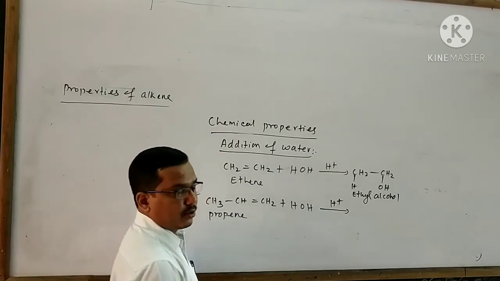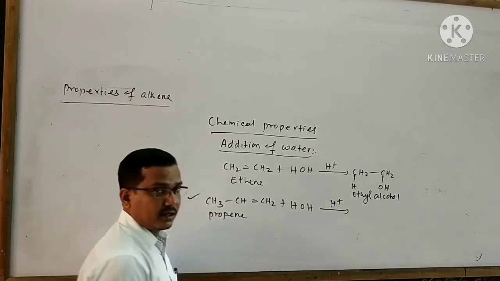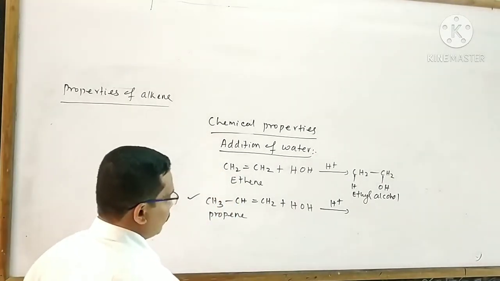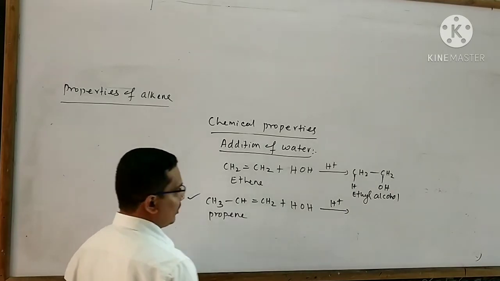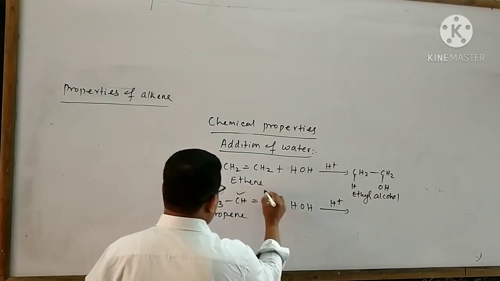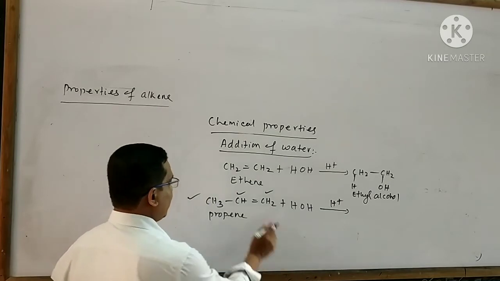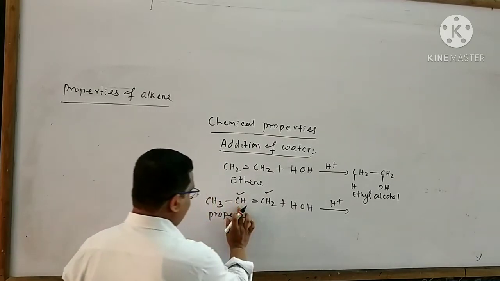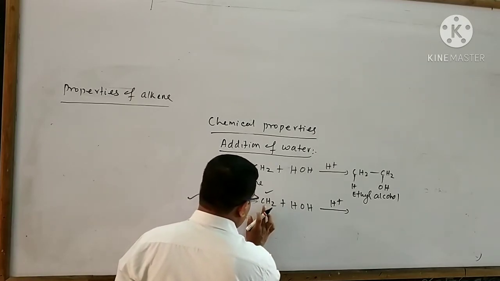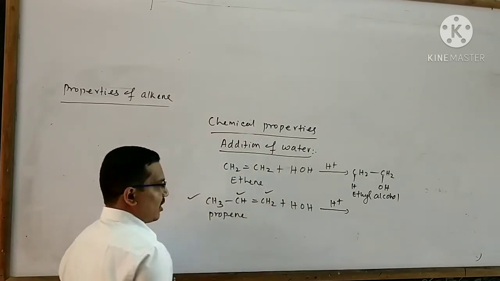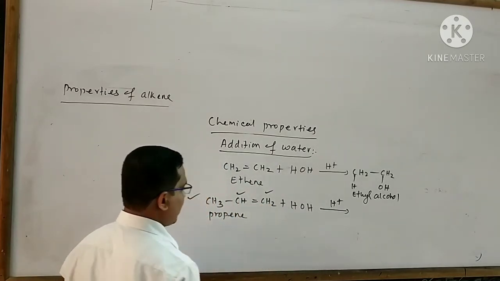According to the Markovnikov's rule, the negative part of the addendum is attached to that carbon atom which carries less number of hydrogen atoms among these two carbon atoms. Look at that. Here one hydrogen atom is attached to this carbon atom. Here this carbon atom is attached to two hydrogen atoms.